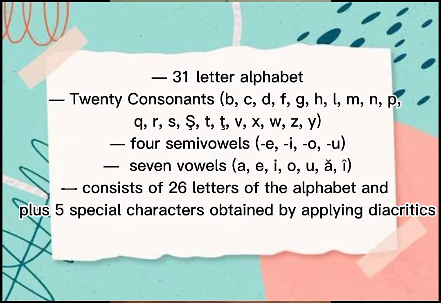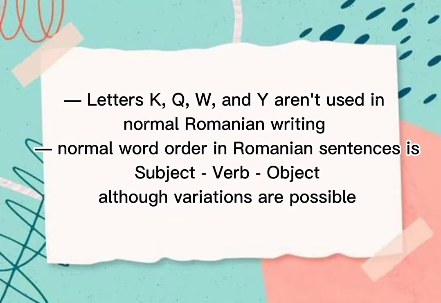It consists of the 26 letters of the Latin alphabet plus 5 special characters obtained by applying diacritics. The letters K, Q, W, and Y aren't used in normal Romanian writing. The normal word order in Romanian sentences is subject, verb, object, although variations are possible.